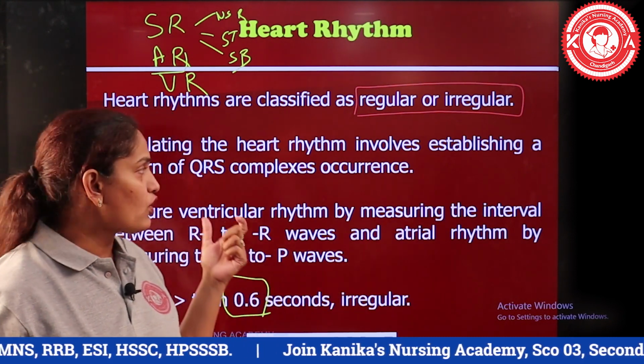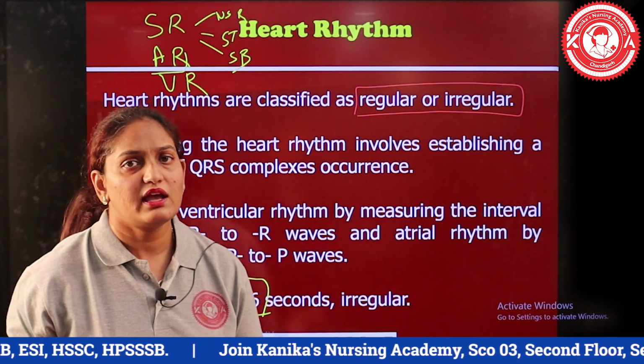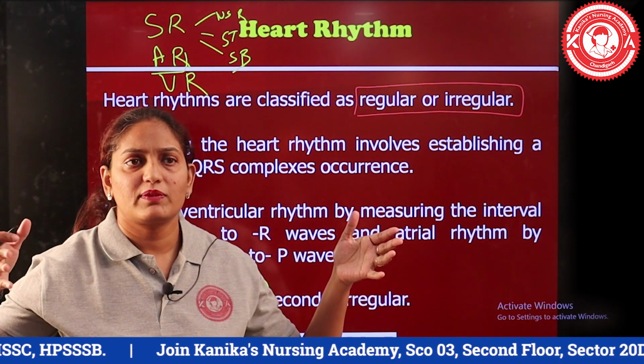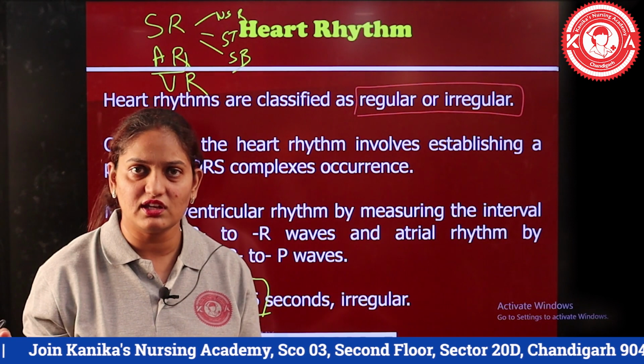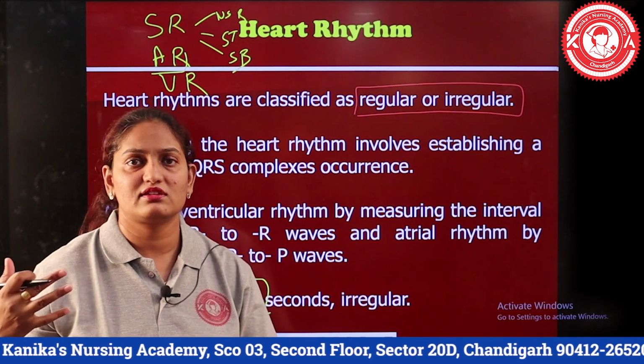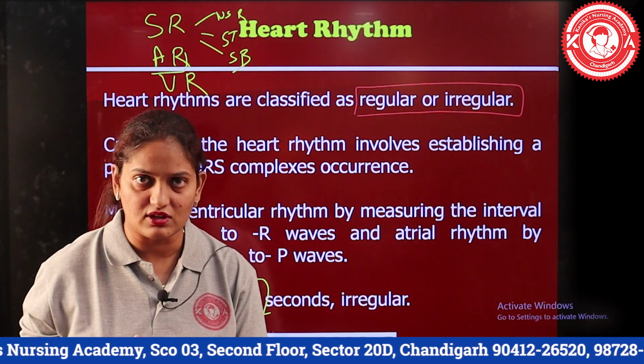Same way, if we talk about the ventricular rhythm, the time duration between two ventricular contractions has to be similar across the ECG, and only then will we say that this is a regular rhythm ECG strip.